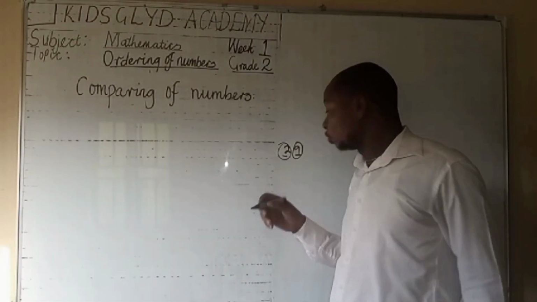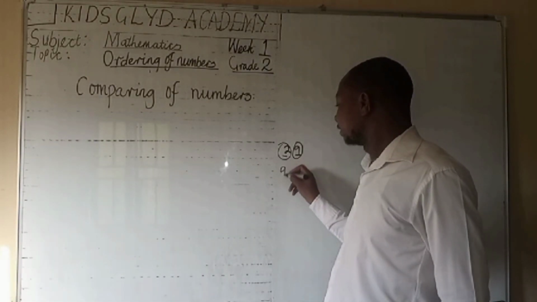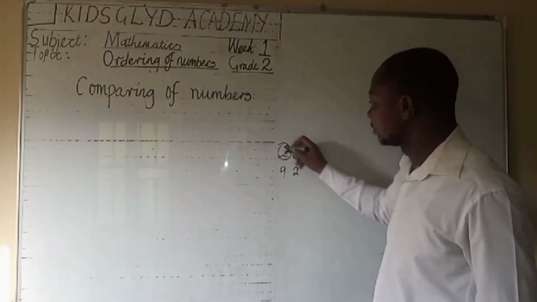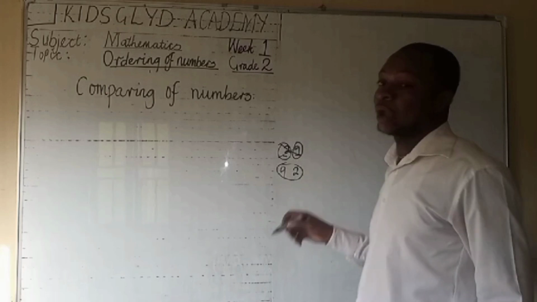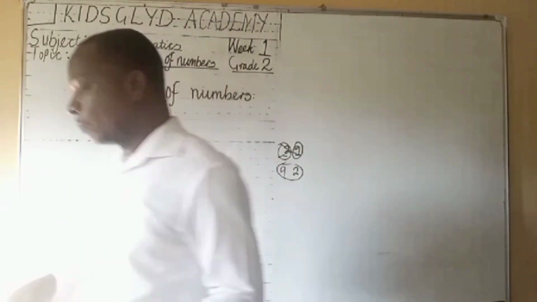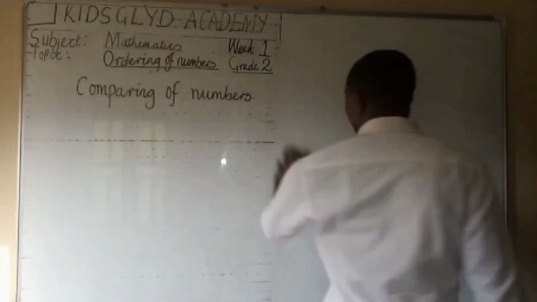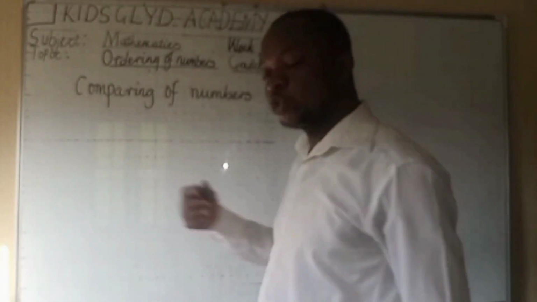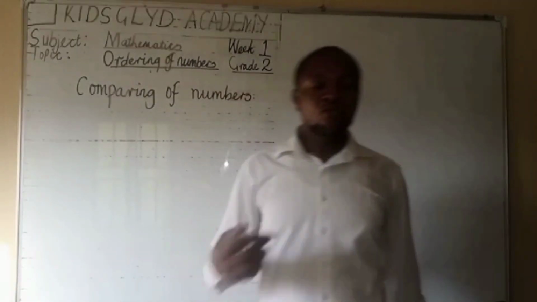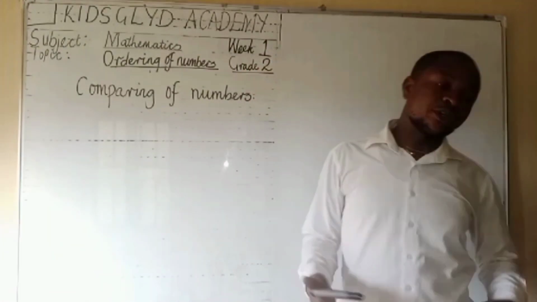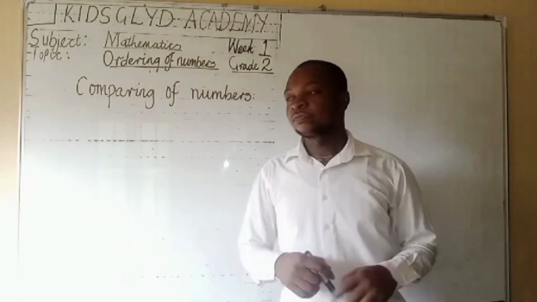But in the numerical system, 9 is bigger than 2. And that is what we are going to work with. We are working with this, where we are ordering numbers. So we order them by checking which one is bigger, which one is smaller, which one is the biggest number, or which one is the smallest number.